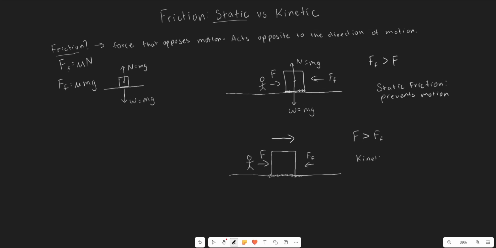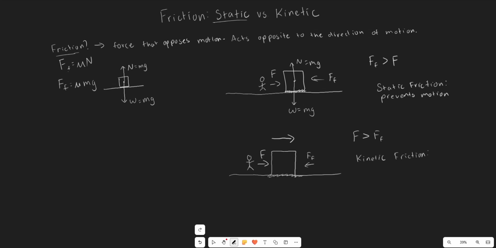What is kinetic friction? Kinetic friction is the friction that opposes an object when it's in motion. So even though the object is in motion, there's still friction applied on the big box.